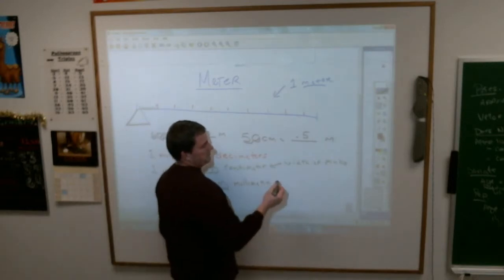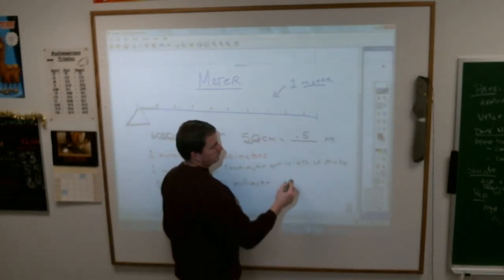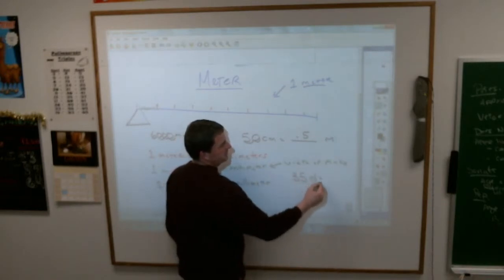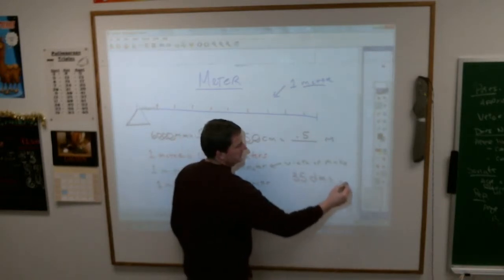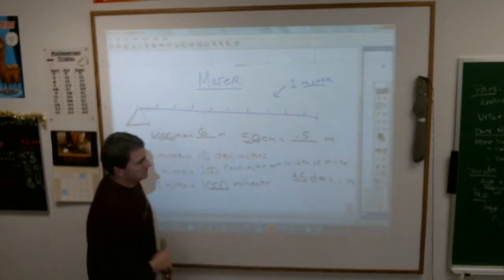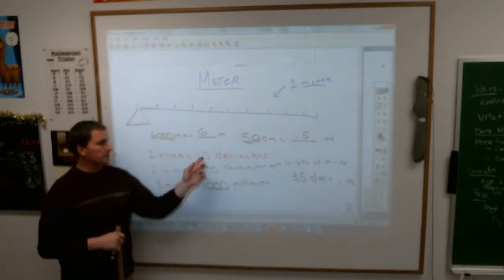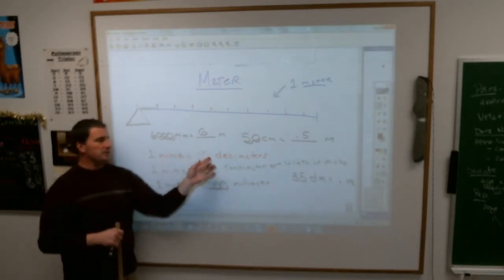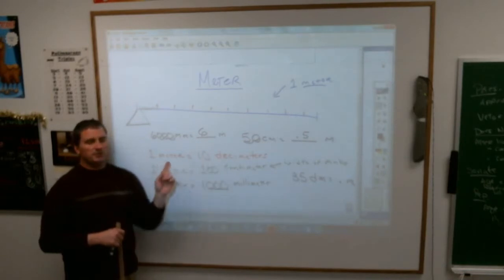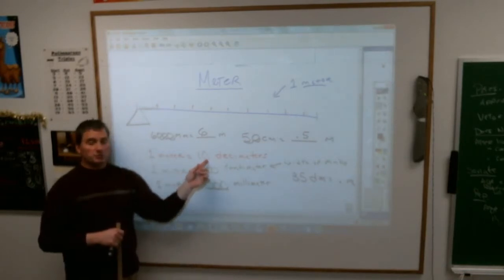Or how about 35 decimeters equals how many meters? 35 of these little things put together. Well, in the conversion, how many zeros do you see here? And how many decimeters are in a meter? 1 zero's worth.